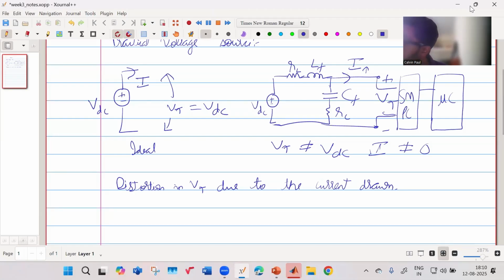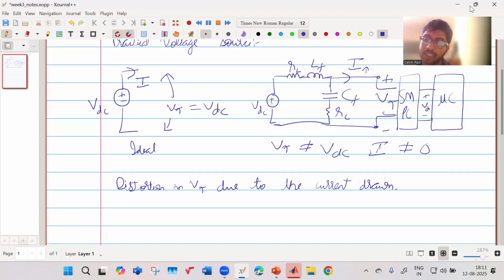This output voltage is supplying your processor. So when there are these fluctuations in your VT, that also will get reflected in your output voltage. And that fluctuation will affect the load which is connected, that is your microprocessor, microcontroller, or whatever load is connected. Okay, and that is not desirable.